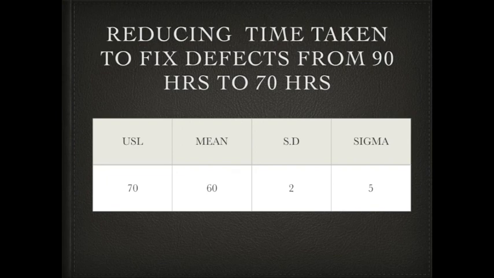The mean level for fixing the defects is 60. Standard deviation is 2. Here the difference between the upper and the mean level is just 10, and we can accommodate 5 standard deviations, that is we can accommodate 2. How many 2 can be accommodated is only 5, so it is 5 sigma level.